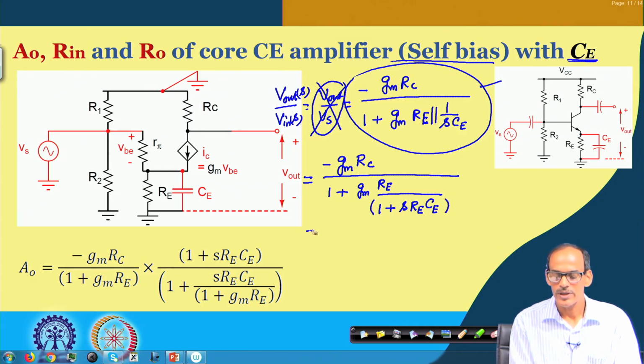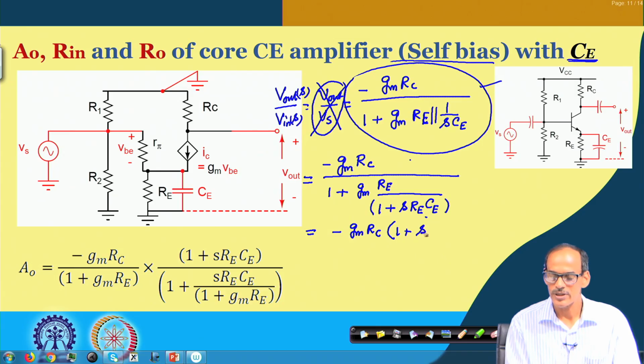If we further rearrange, this factor we can take into the numerator. So the numerator part will be Gm into Rc multiplied by 1 plus S into Re Ce, divided by, since this factor is getting multiplied here, 1 plus S into Re Ce plus Gm into Re.